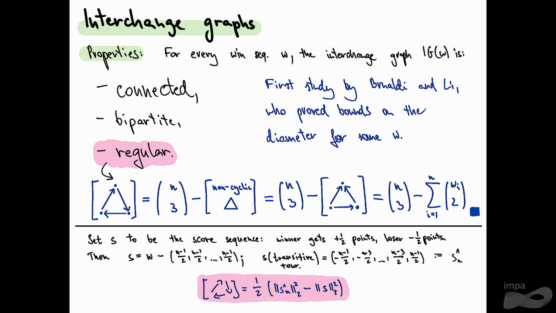So the closer you get to the boundary, the fewer cyclic triangles you have. If you get to a vertex of this permutahedron, then you're a transitive tournament, and transitive tournaments don't have cyclic triangles. You get 0, so everything is fine. So there is some geometric interpretation of this simple formula.